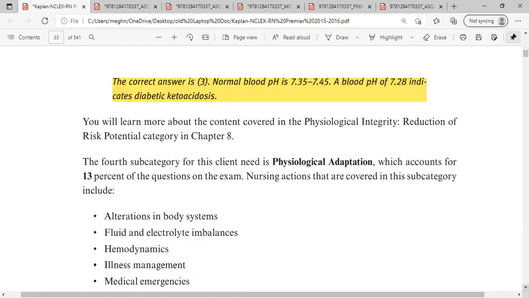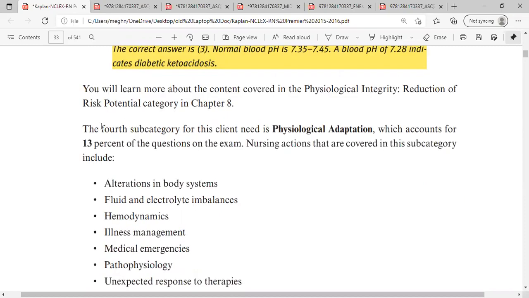Another type of question, NCLEX products. In the NCLEX board, we get questions from physiological adaptation, because there are 8 categories of questions we will get in the NCLEX board, which account for 30% of questions in an exam.